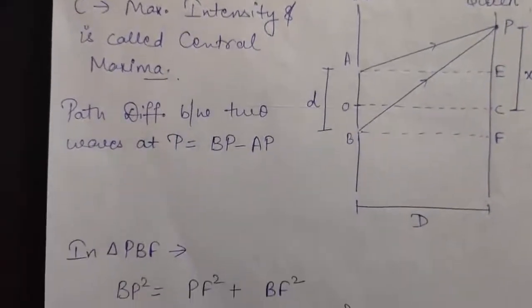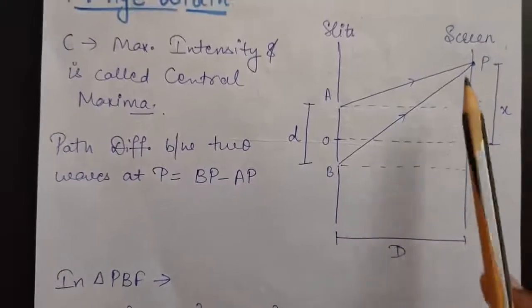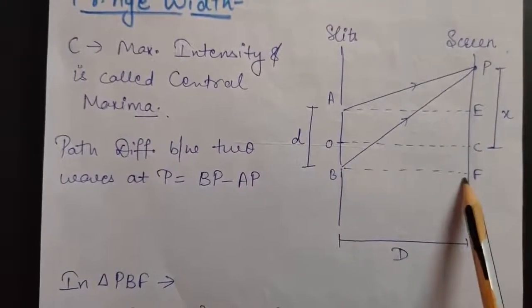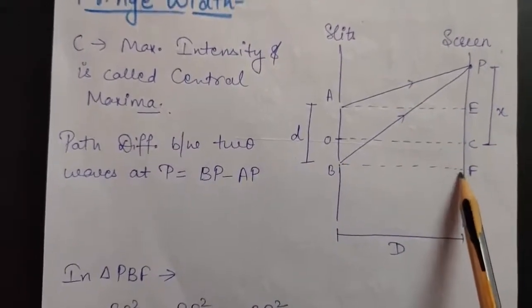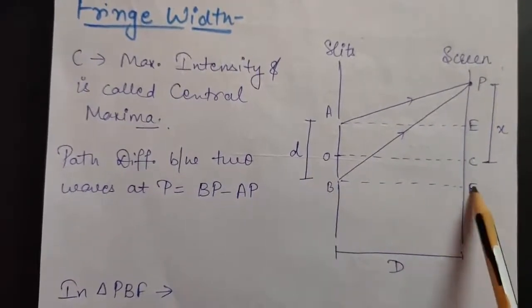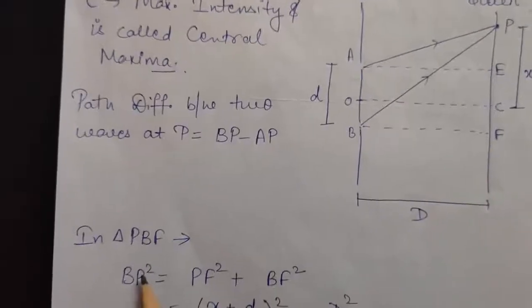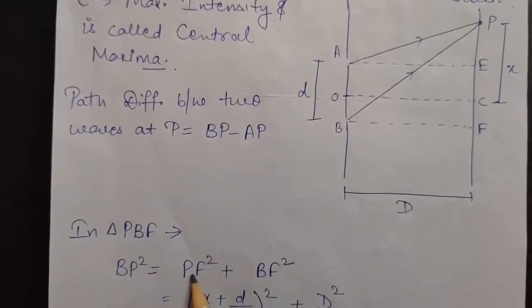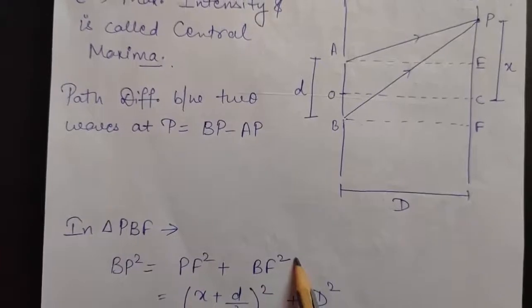Now in triangle PBF, that is in this triangle PBF, if you use Pythagoras theorem, PB square will be equal to BF square plus PF square, that is BP square will be equal to PF square plus BF square.